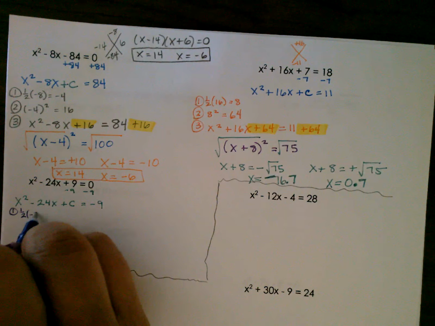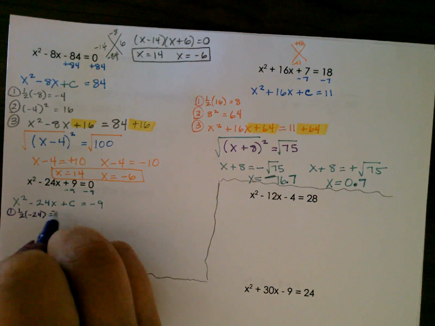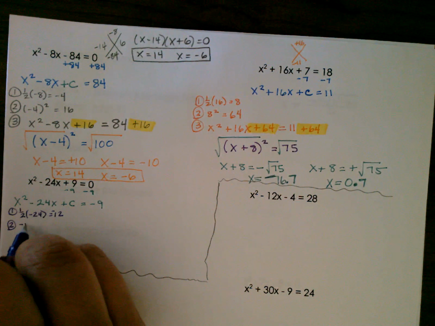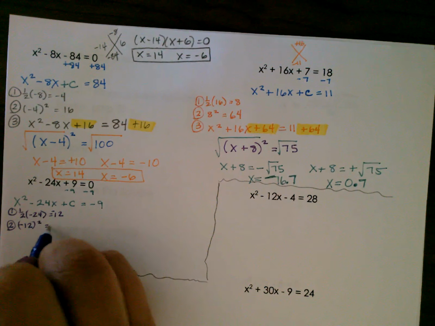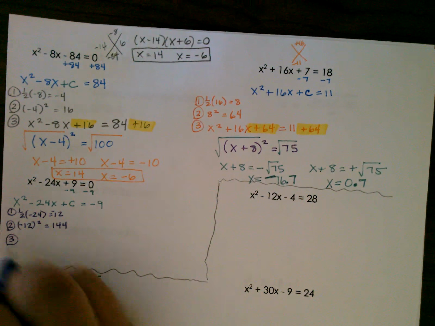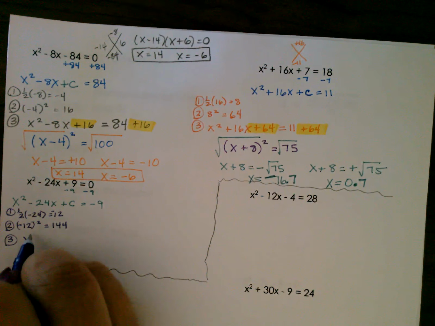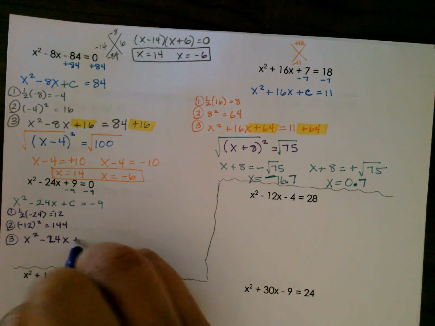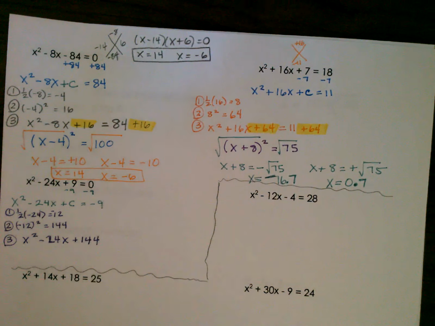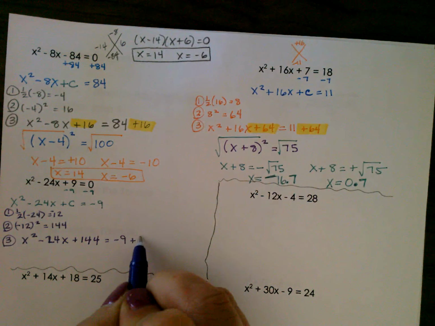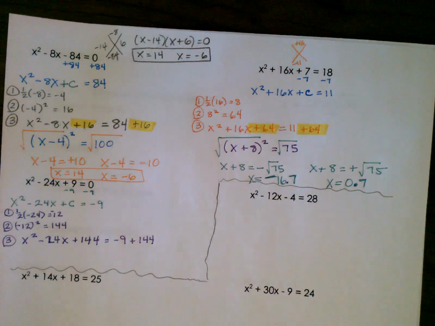Half of b, square your answer, and then put your answer that you got from step 2 back into the equation. If you add 144 to the left-hand side of the equal sign, you need to add 144 to the right-hand side of the equal sign.